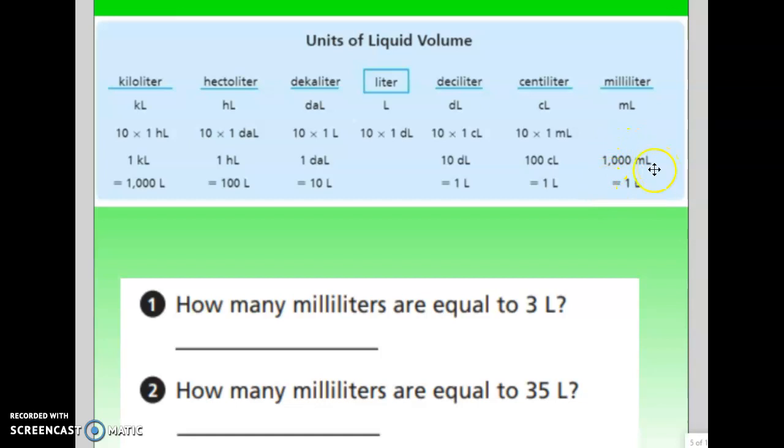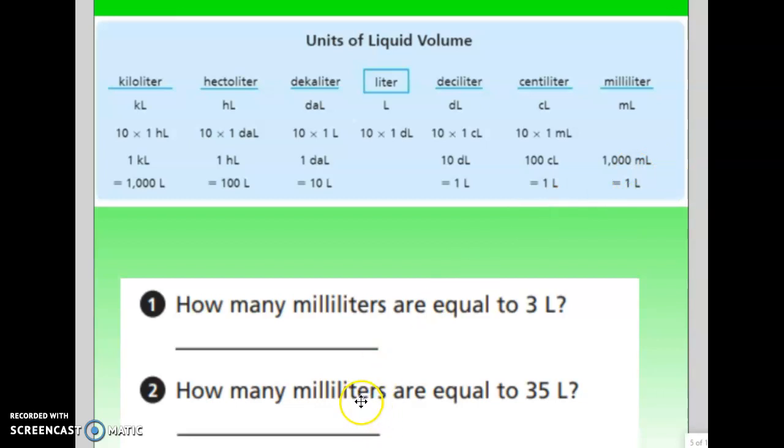There's 1,000 milliliters in 1. So how many milliliters are in 3 liters? And that would be 3,000 milliliters, because 1,000 milliliters in 1, 2,000 milliliters in 2, 3,000 milliliters in 3 liters.